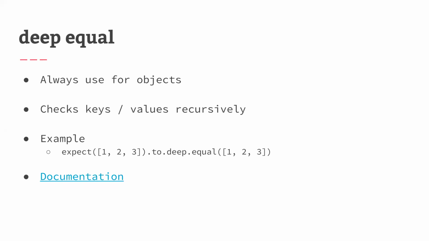It's a little bit complicated why you need to do this, but if you don't use deep equal, it's going to check whether the two things you're talking about actually take up the same space in memory, which is not what you want. You just want to know if their keys and values are the same.